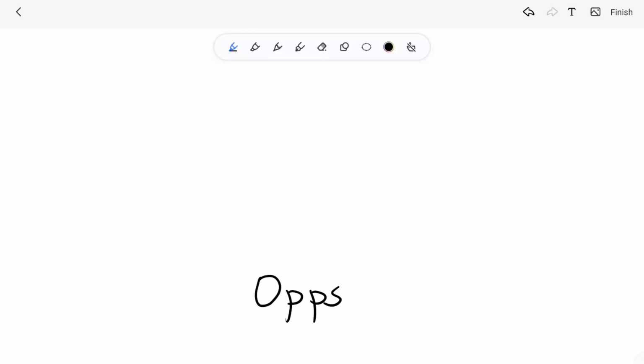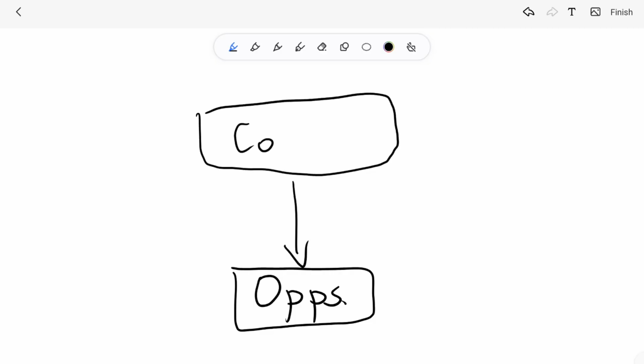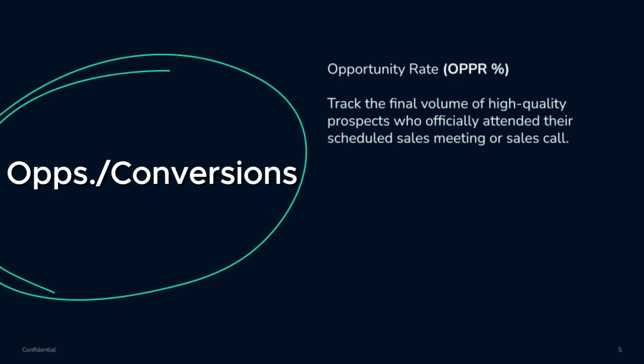That's why we need to track lead quality, and we can do that by dividing the number of opportunities by the conversions we generated. This will produce the core metric opportunity rate, or OPPR, and it helps us calculate the final volume of high-quality prospects who officially attended the scheduled sales meetings or initial demonstration.